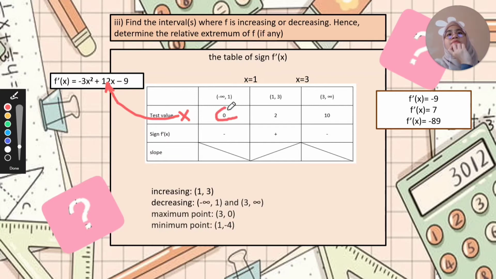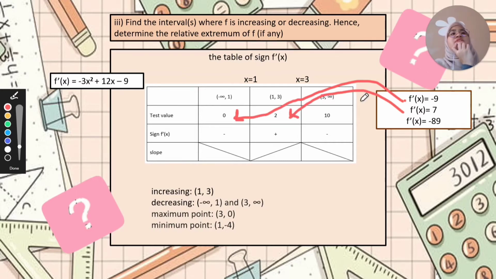We replace the 0, 2, and 10 into the x value of this equation, and then we will find that f prime 0 equals negative 9, f prime 2 equals 3, and f prime 10 equals negative 89.